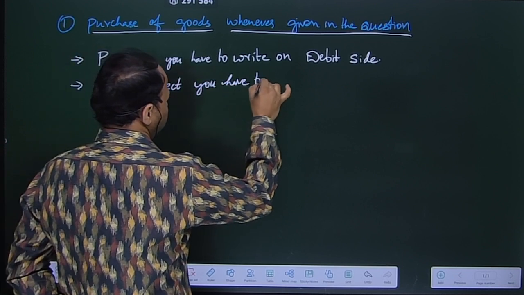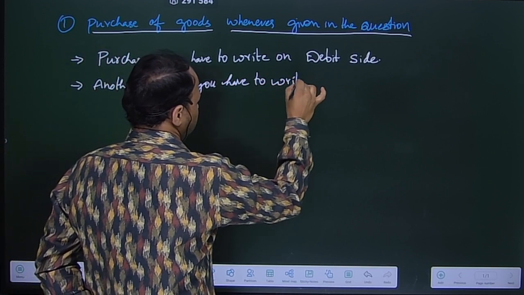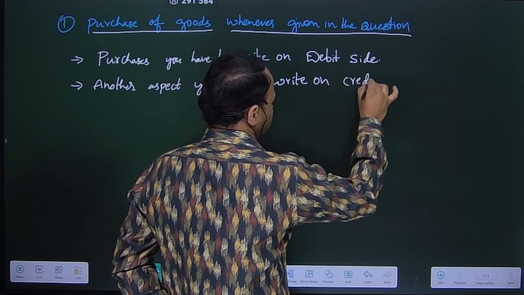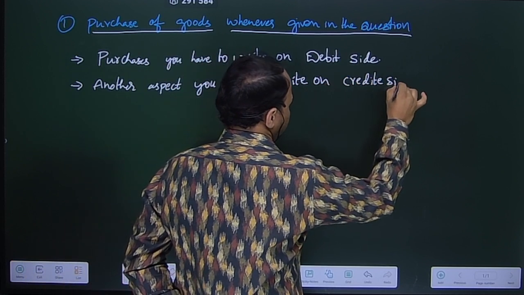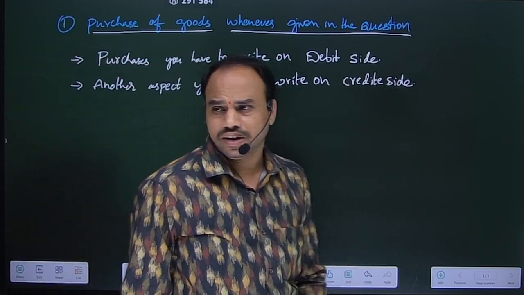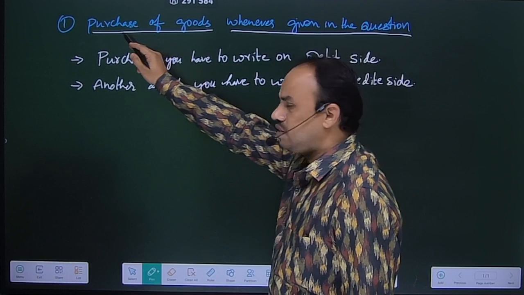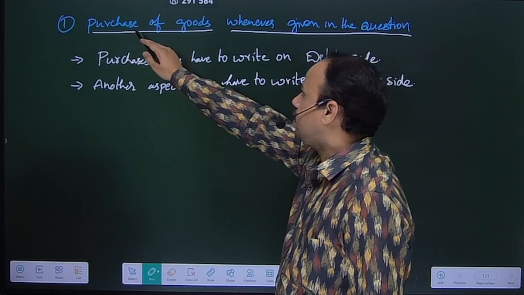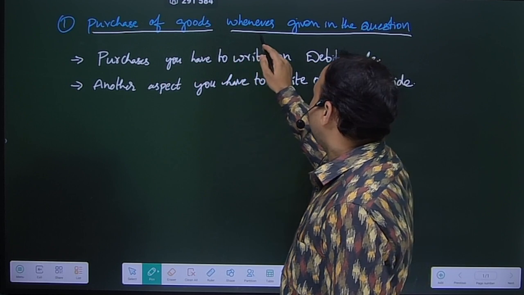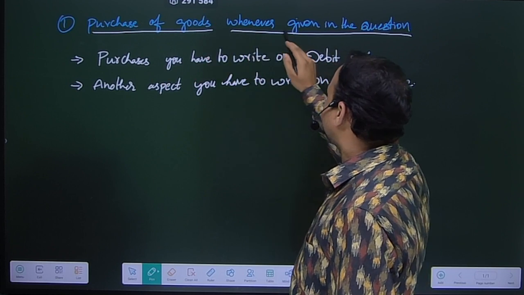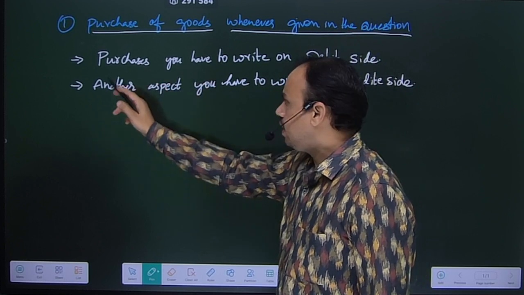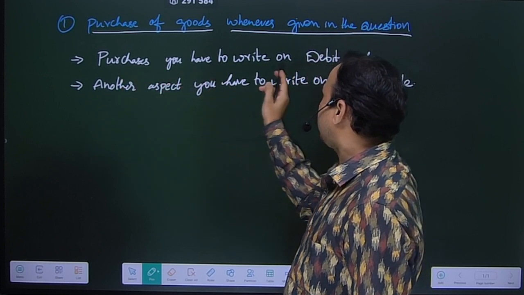This is the point you have to remember, this is the trick. Whenever purchase of goods is given in the question, in the answer you have to write purchases on the debit side.